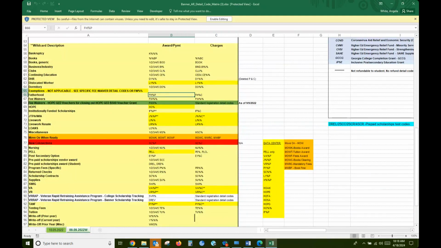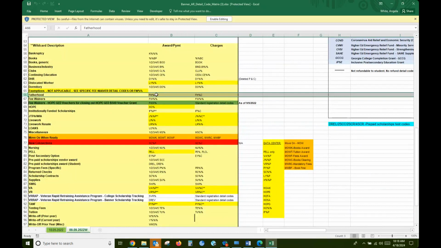So if we take this fatherhood entry right here, and we say, okay, well, there's an FH and a P that has to be there for the payment, and there's an FH and C that has to be there for the charge. The only option we have to be a wildcard is this little guy right here on the end.